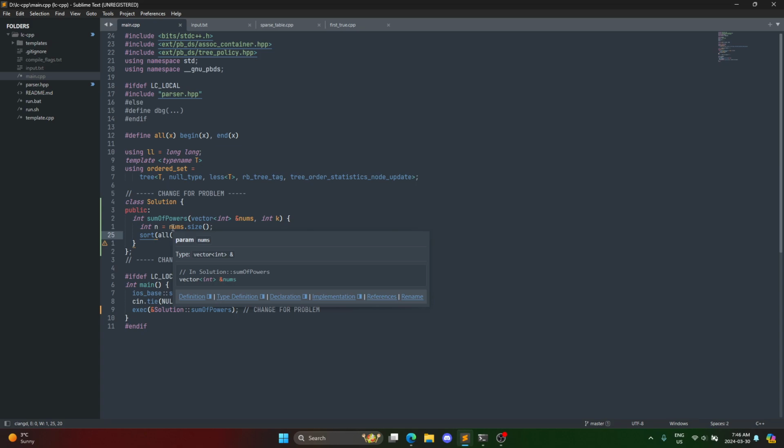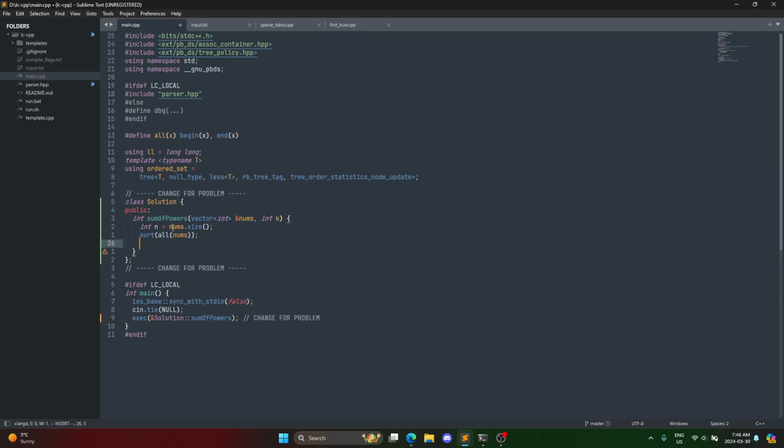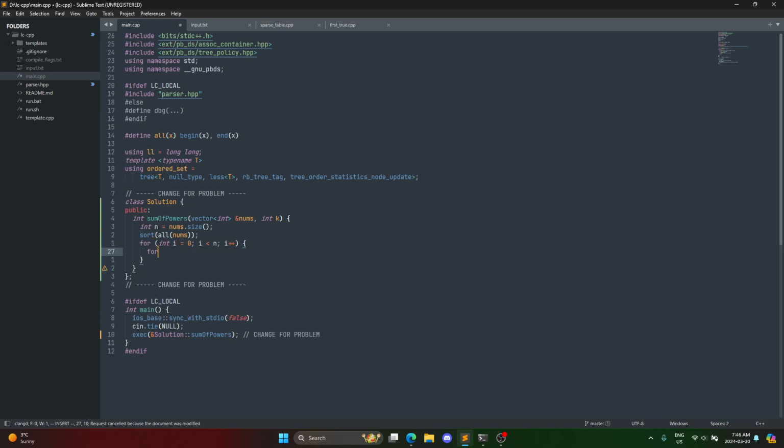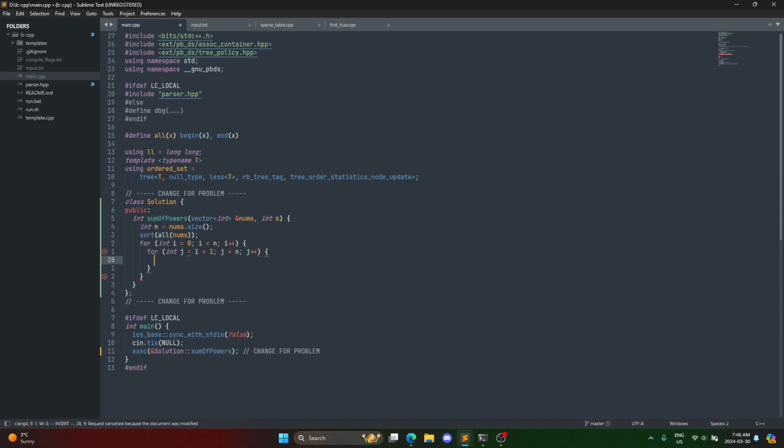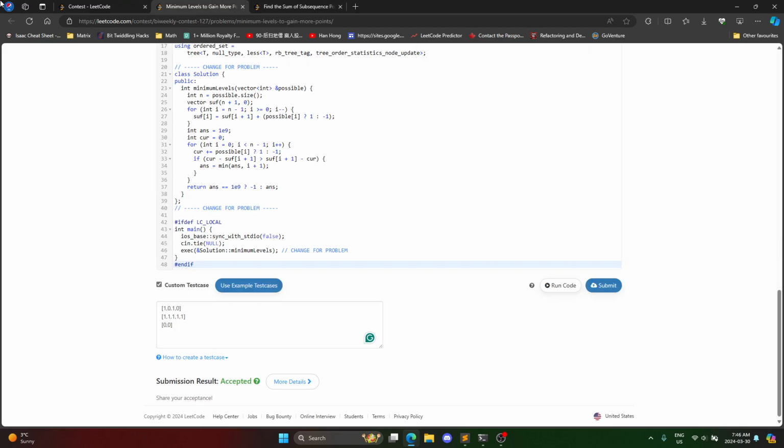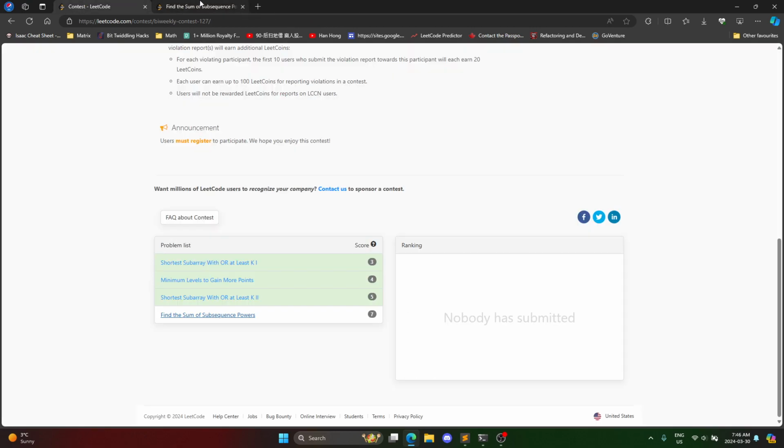Okay, so I think I know what to do. So why did I make the constraints so low? Hmm.